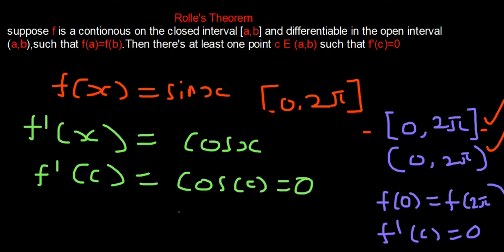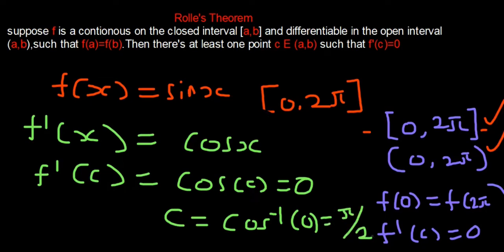So if I want to find C, C will be equal to the cos inverse of 0. And this will give me pi on 2, which is the same as 90 degrees. Alright, so I have my C point to be pi on 2.